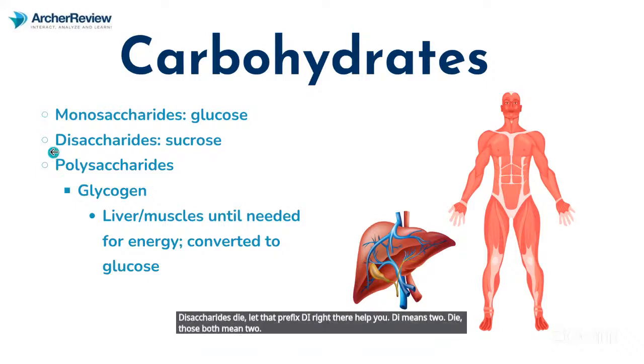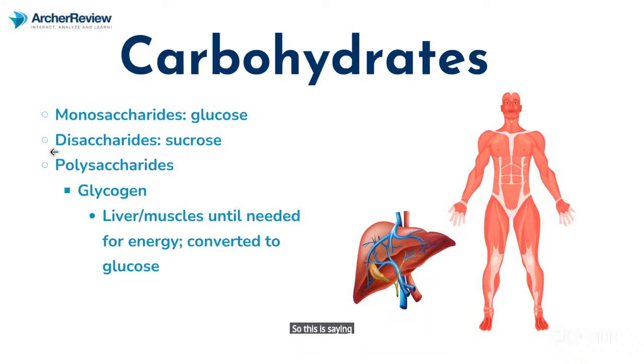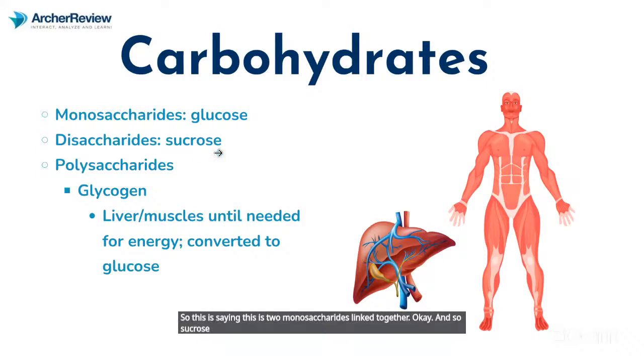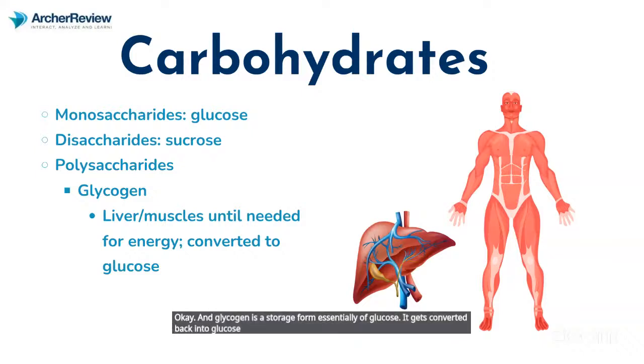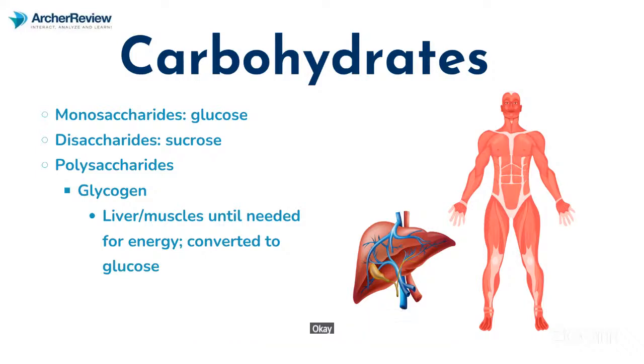So this is two monosaccharides linked together. And so sucrose is a prime example of that. Poly means many. So many monosaccharides linked together forms that glycogen. And glycogen is a storage form essentially of glucose. It gets converted back into glucose when your body needs it. It's just kind of that storage form of it.